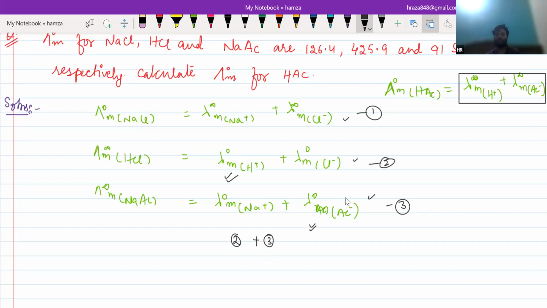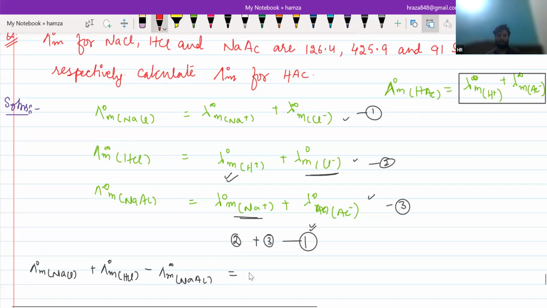With equations 2 and 3, we get Cl minus and Na plus, which are extra for us, so I am going to subtract equation 1. So what we just did is lambda naught m for NaCl plus lambda naught m for HCl minus lambda naught m for NaAc.